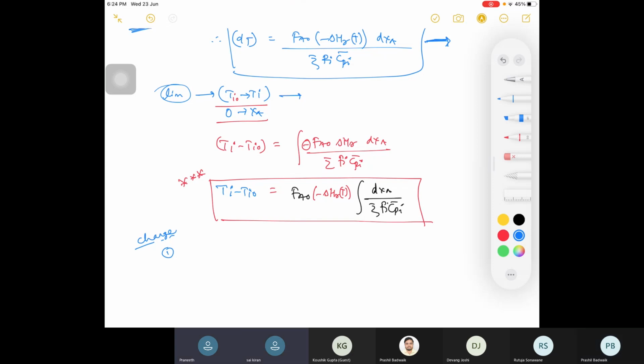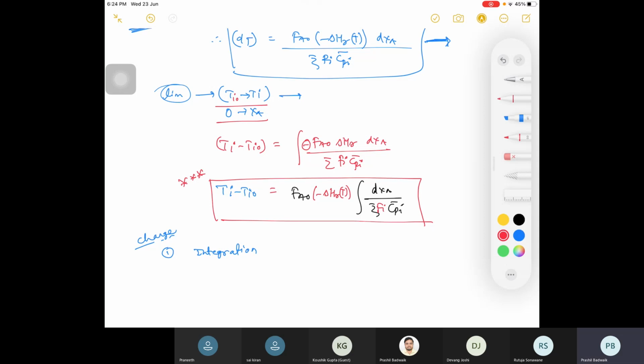Sir, like we got integration here. Okay, integration. Second, what was there?